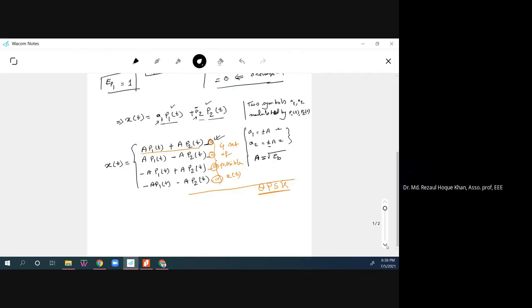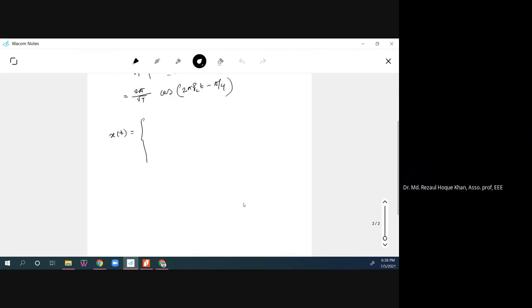Likewise, if you solve for every one, we find the first solution, 2A by square root of T cos(2 pi fc t minus pi by 4). I'm not going to solve all of them, the waveforms or possibilities 2 and 3, so you will do it yourself.